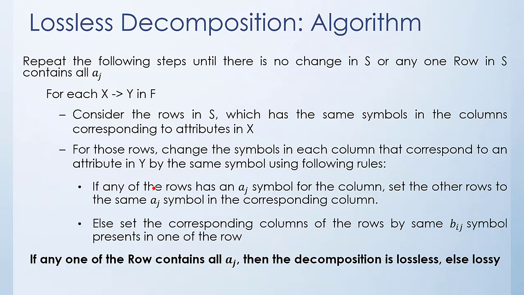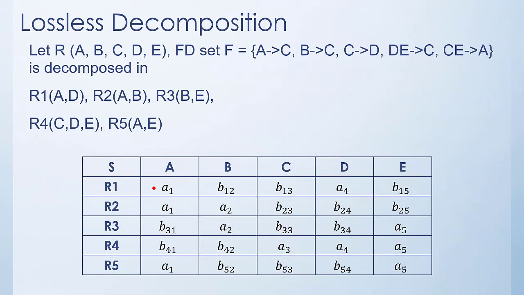In this part, we replace the symbols considering the functional dependencies, and this process continues until there is no change in the S matrix or any one row in the S matrix contains all Aj values, like A1, A2, A3, A4, A5.